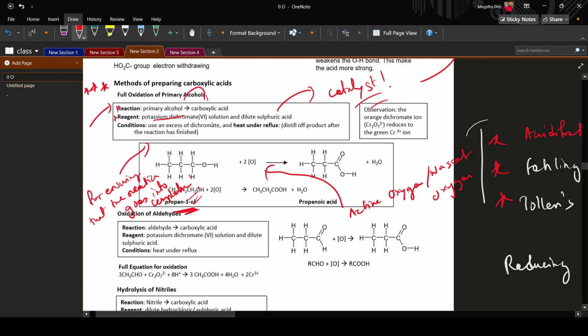By the way, you guys know what heat under reflux is. We will discuss this in unit 6, but I'm pretty sure you have heard about it and learned about it back in AS, right, Rakshit?